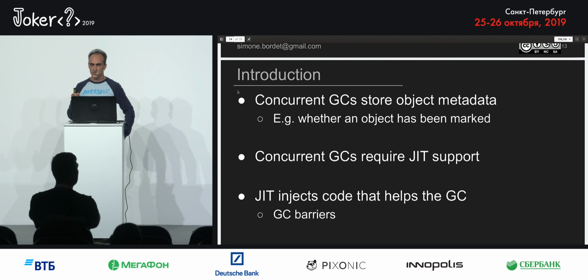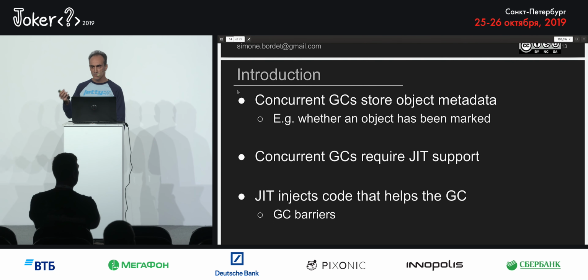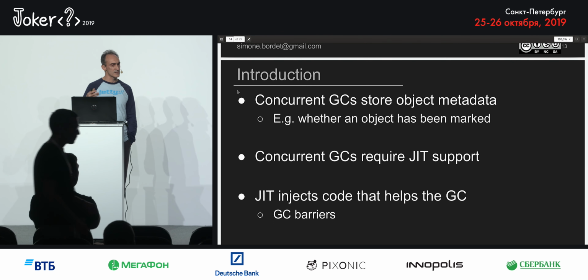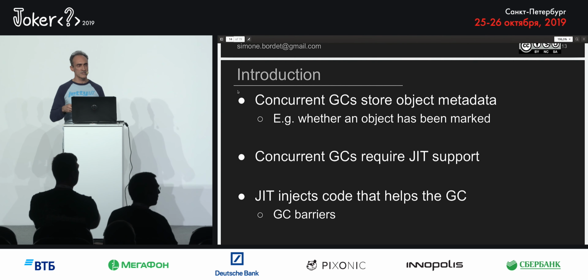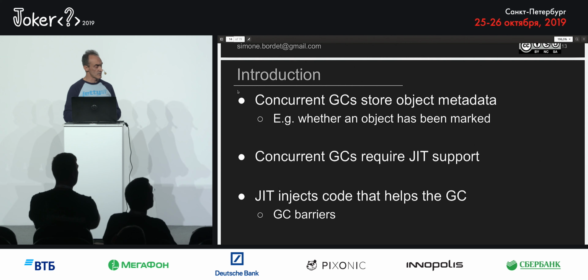They require that the JIT injects a little bit of garbage collection code that helps the garbage collector figure out what state that particular object is in, whether it should be moved, whether it needs a particular treatment, whether it needs to be processed in a particular way. So by injecting this little bit of code, we are taking care of this concurrency problem, all right?